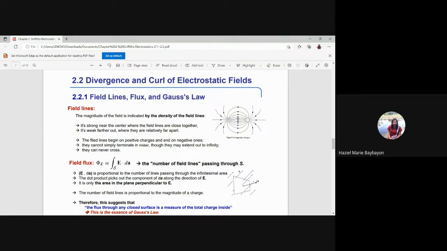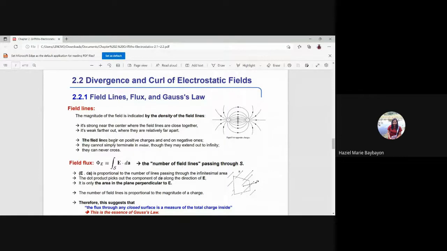The denser the field lines, the greater the magnitude of the electric field at that point. It's weak farther out where they are relatively far apart. So the electric field lines here are far apart, and the magnitude of the electric field at this point is small. Okay?